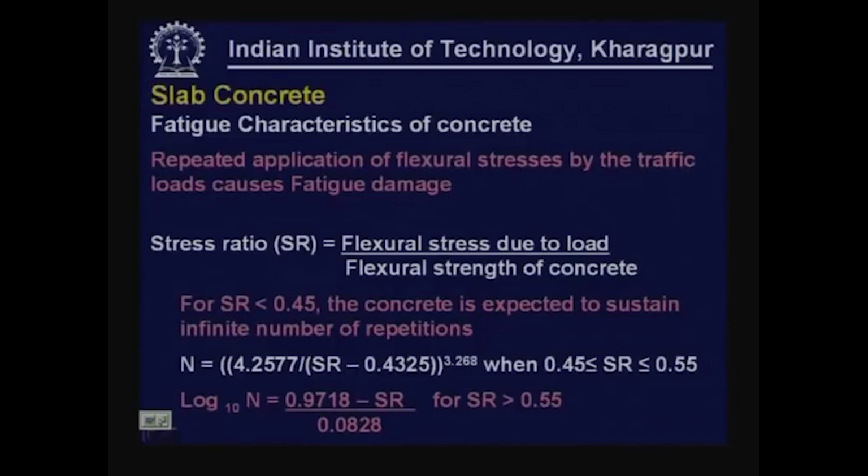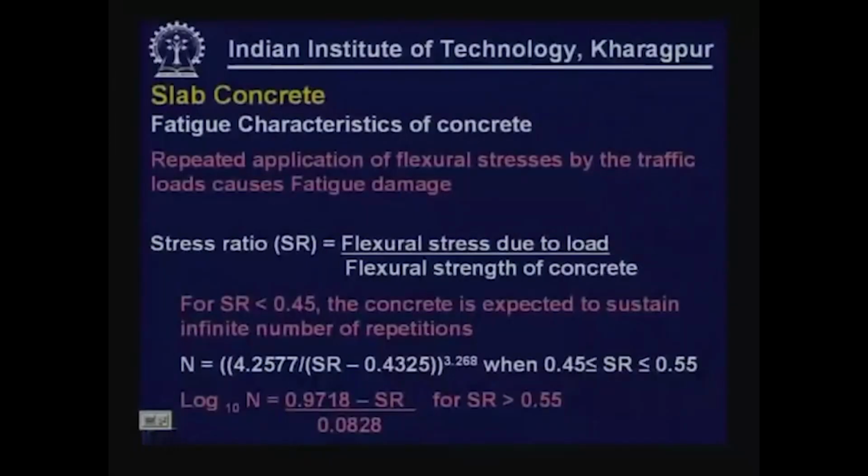We use a parameter known as stress ratio to identify the magnitude of an individual load that is applied with reference to the failure load. Stress ratio is defined as the flexural stress due to a given load, whether it is a beam or slab. When a given load is applied, we can calculate the tensile stress using a certain theory.